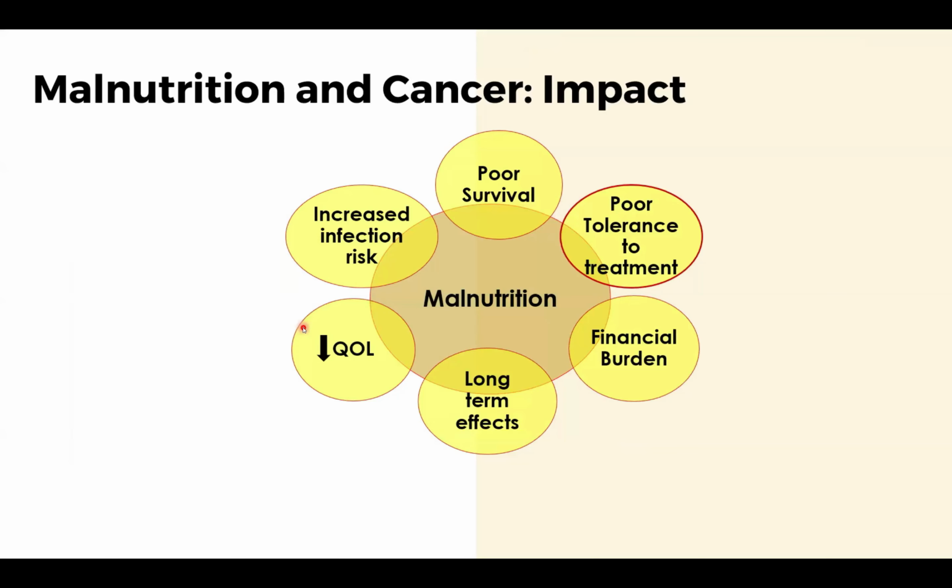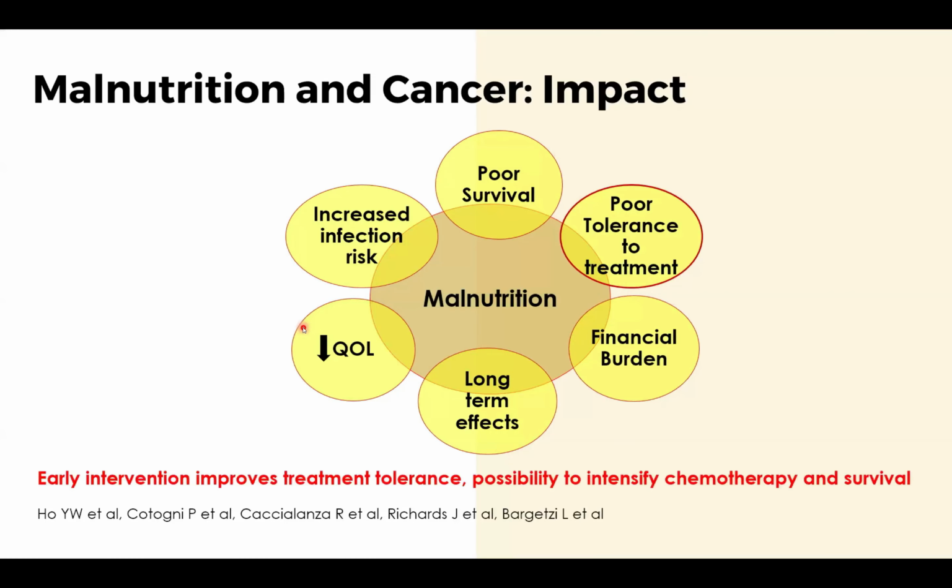And there are long-term effects like fatty liver, metabolic syndrome, diabetes mellitus, impaired growth, and metabolic bone disease, food aversion, and impact on other major organs as well, and adding to psychosocial issues as well. And it definitely reduces quality of life and increases the infection risk. So early intervention improves treatment tolerance, possibility to intensify chemotherapy, and survival.